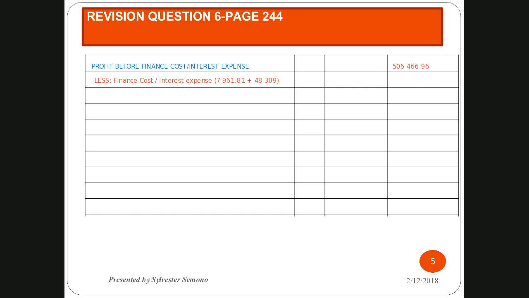We must deduct this. And when we deduct, guys, we are going to get total comprehensive income for the year or profit for the year. Let me put this here. This will be the total comprehensive income or net profit for the year.